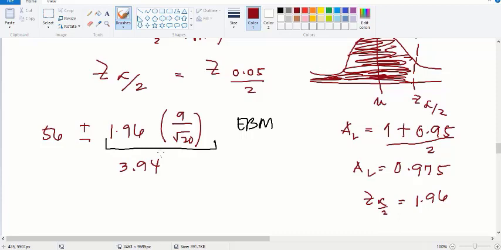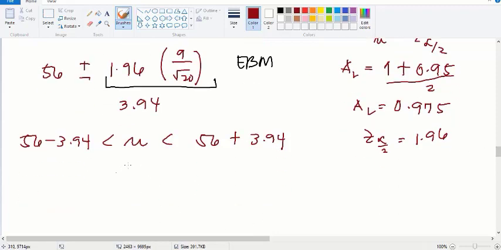Now, our mu would be 56 minus the EBM, and the upper limit would be plus the EBM. So the interval should be 56 plus 3 point something. Sorry, it should be minus. Anyway, I got the upper limit first: 59.94.